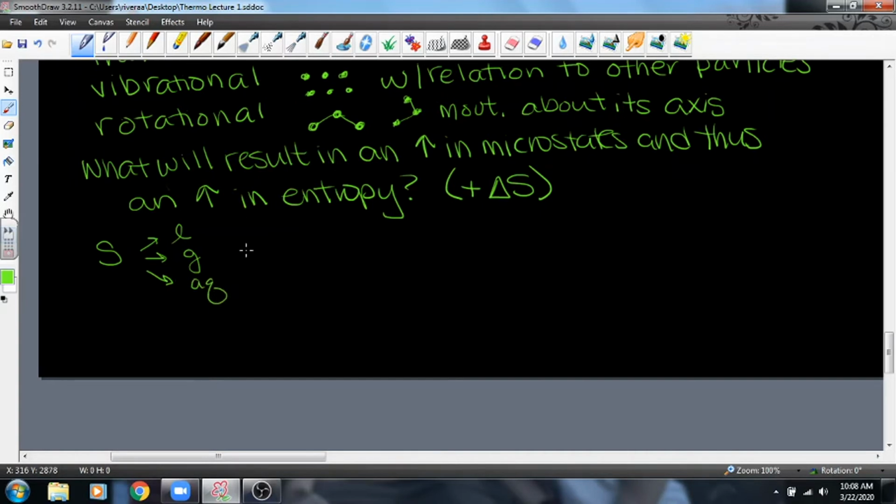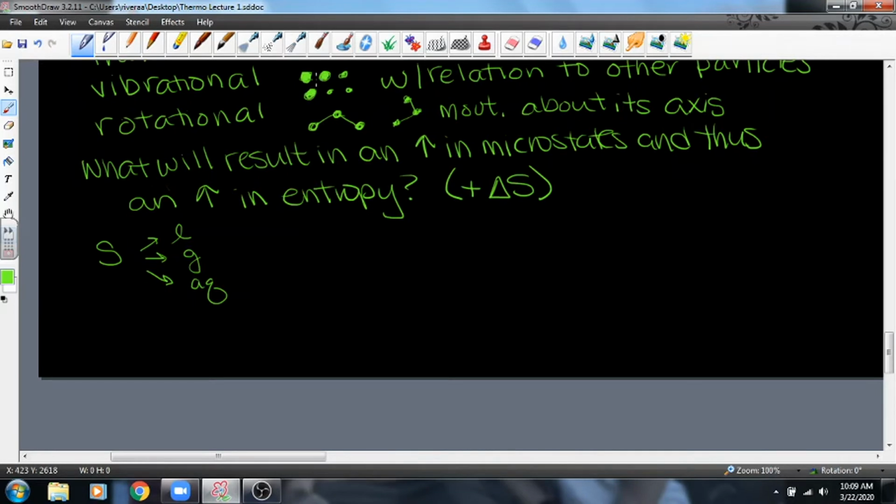increase entropy, because when you're in a solid state, you're locked into this very orderly arrangement. This particular atom up here, this guy, can only be next to this guy and that guy. There's no other possible position for him to be in.